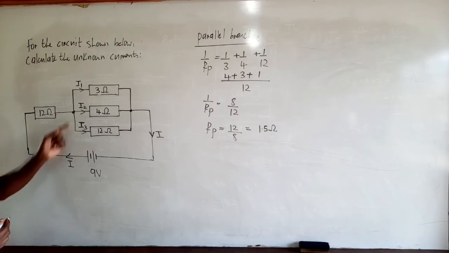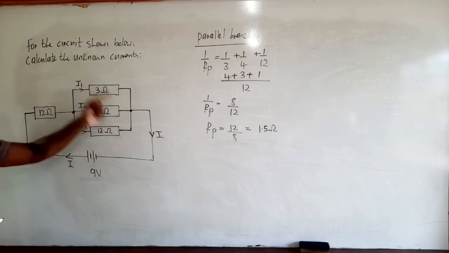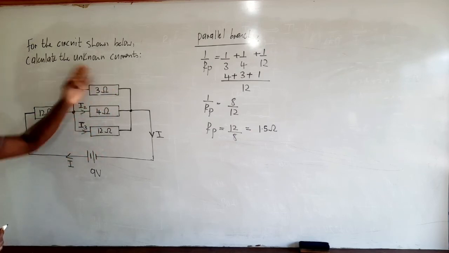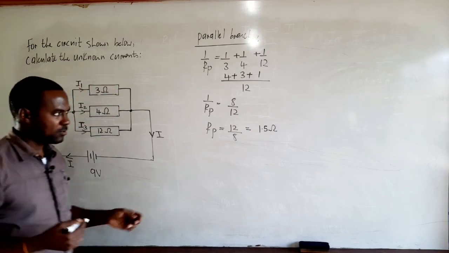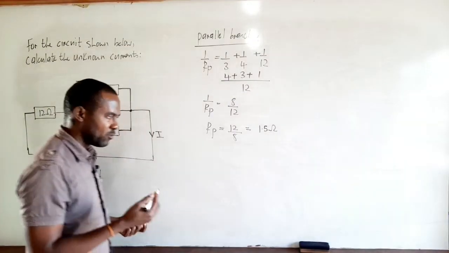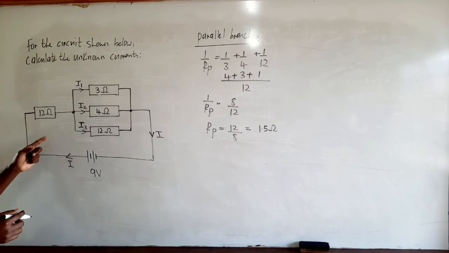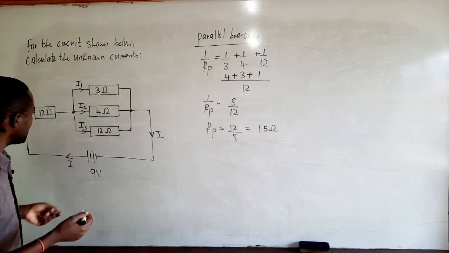So essentially, all of this is equivalent to 1.5 ohms. All of this, as I said, could be replaced with a single resistor of resistance 1.5 ohms, right? Now let's proceed to find the total resistance in the circuit.